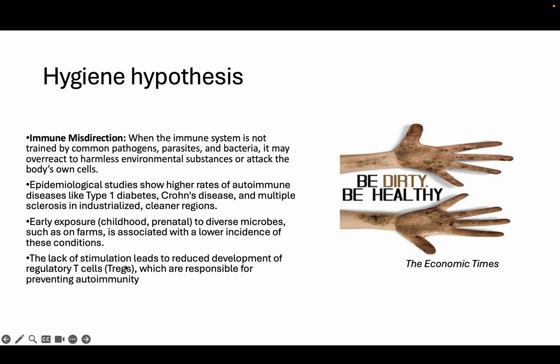If as a baby you're extremely clean, and then much later you're exposed to microbes you're not used to, your immune system can overreact because it has not seen this before, and this can cause autoimmunity.